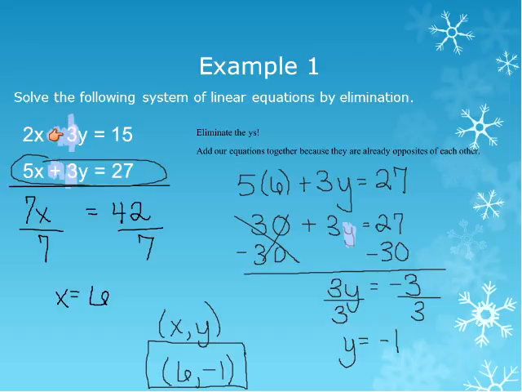So when you do that, you should get 15 equals 15 and then 27 equals 27. Okay, any questions with that first example?